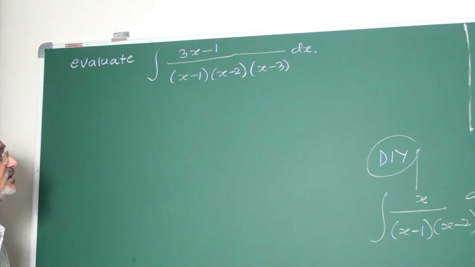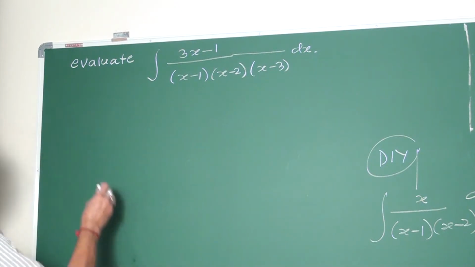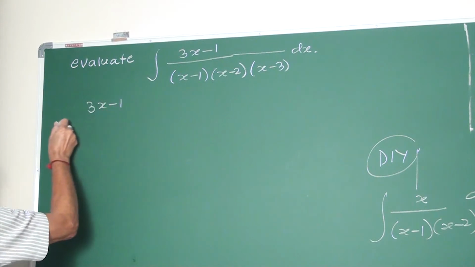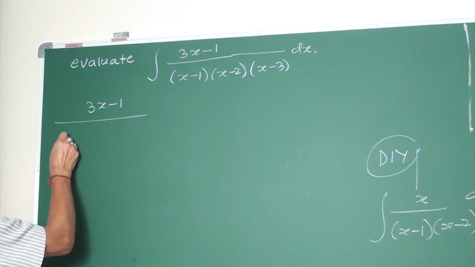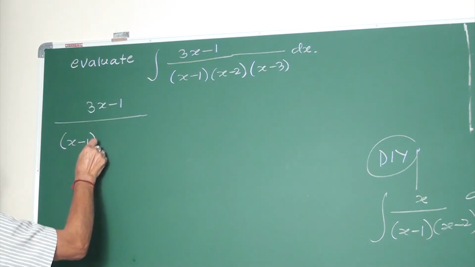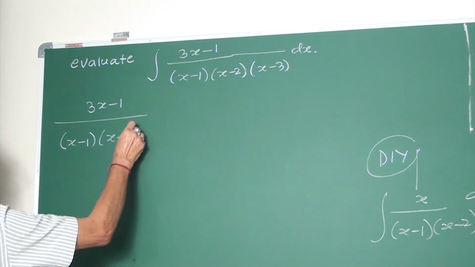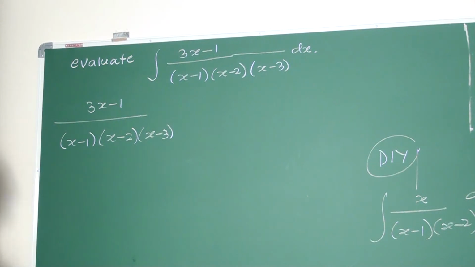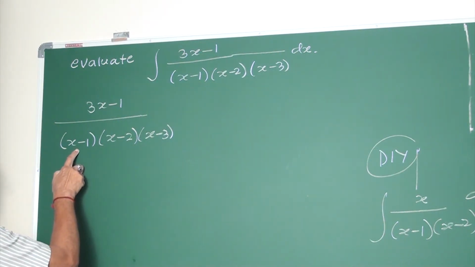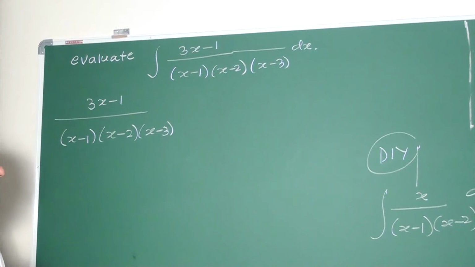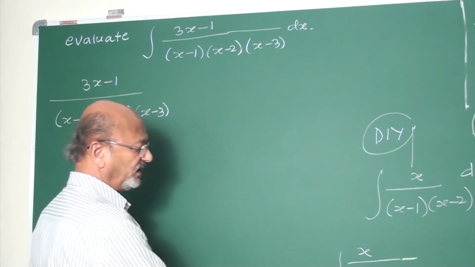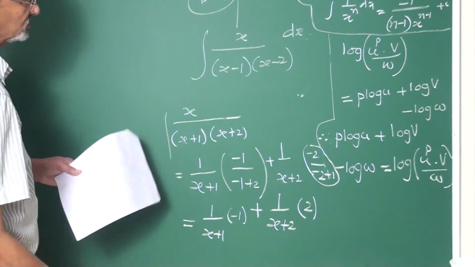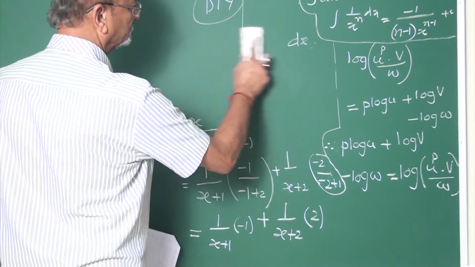Consider that integrand: 3x minus 1, denominator first factor into second factor into third factor. Yes, my friend, what is your observation? All the 3 factors are linear. Then we can apply what? This oral method. Use it.